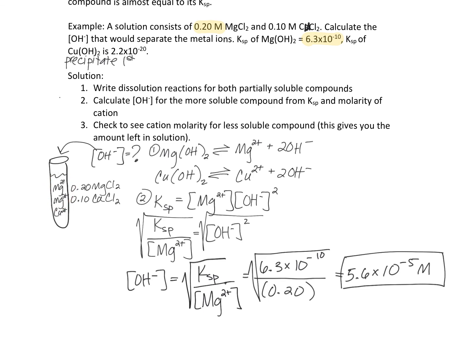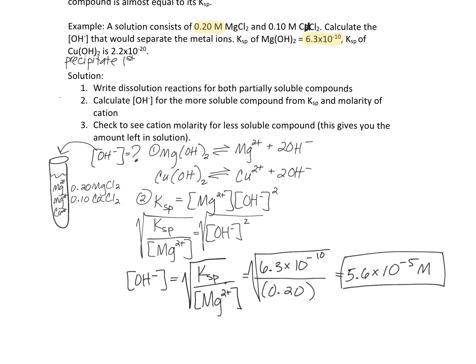If I add enough hydroxide until right before the Ksp of magnesium hydroxide, that means I will create solid copper hydroxide, but I will not create any solid magnesium hydroxide. Remember, I need to go beyond the Ksp in order to start forming solid magnesium hydroxide. But if I just go up to the Ksp, that means I will not precipitate any of the magnesium, but I will have precipitated all of the copper.